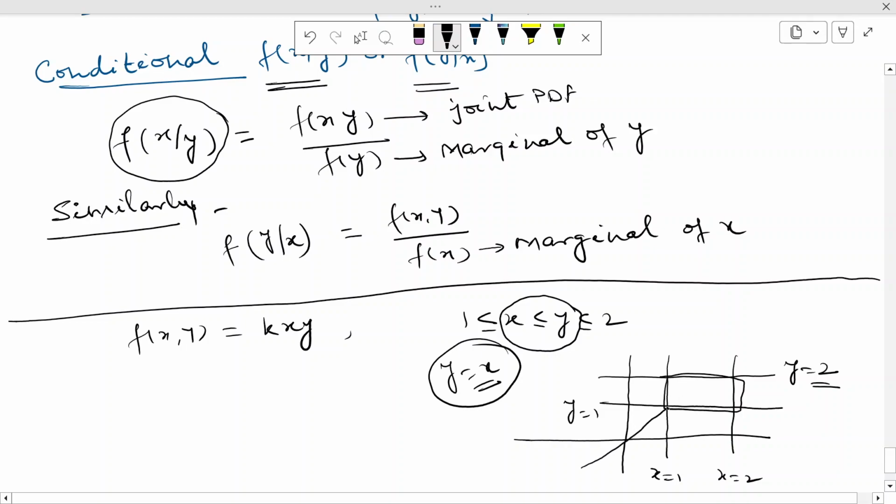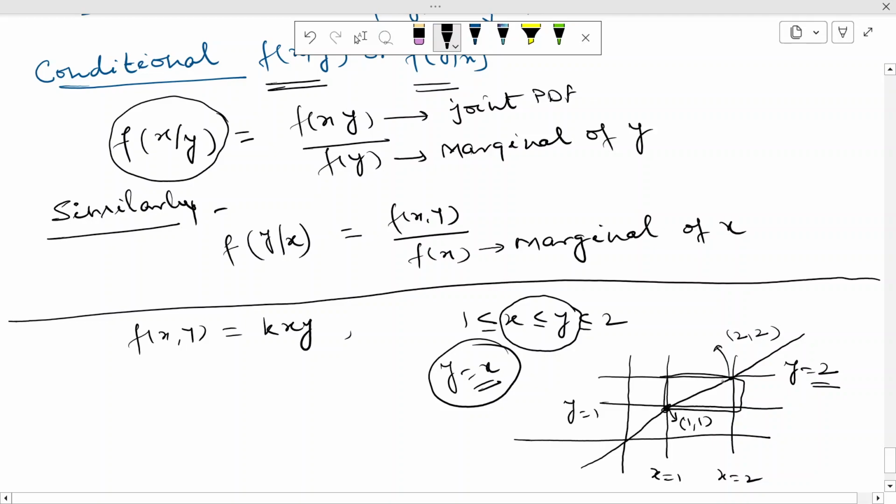When you plot this line, it will be passing through these points, because this point is the intersection of x equals 1 and y equals 1. So this is 1 comma 1, and similarly this point is 2 comma 2. Now we are given this restriction where y is always greater than or equal to x.